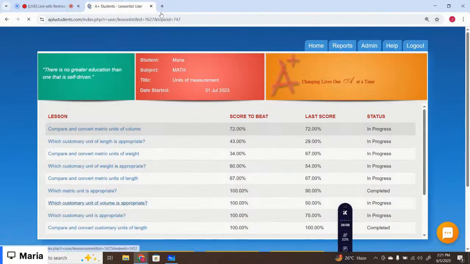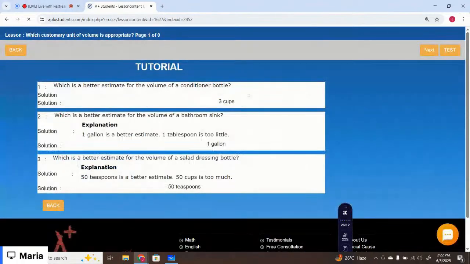The next lesson is which customary unit of volume is appropriate. Which is a better estimate for the volume of the conditioner bottle?